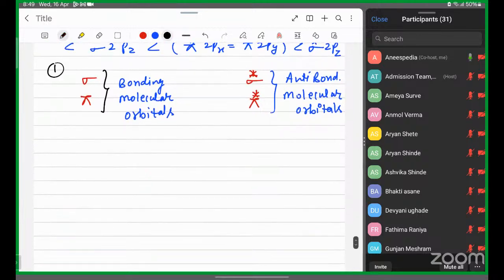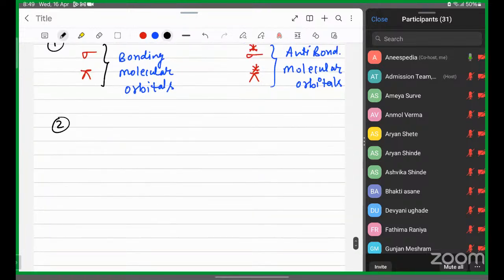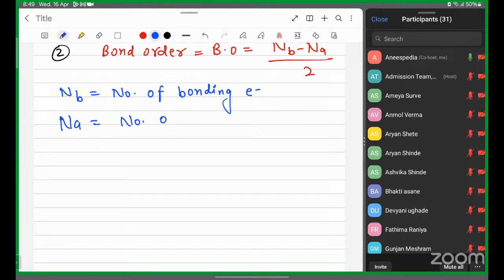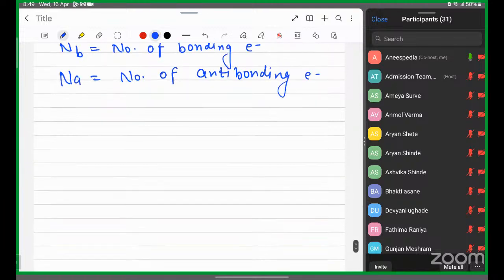Second point is, using this electronic configuration, we can find out bond order, which will be equal to (Nb minus Na) divided by 2. In this case, Nb is the number of bonding electrons and Na is the number of antibonding electrons.